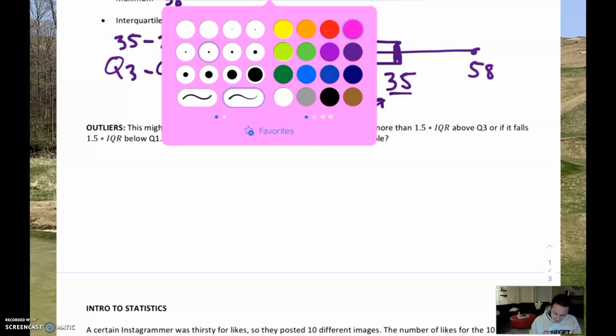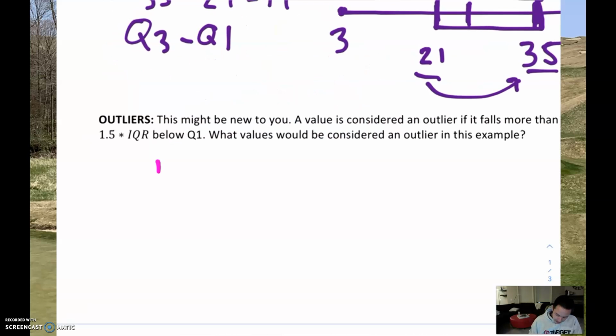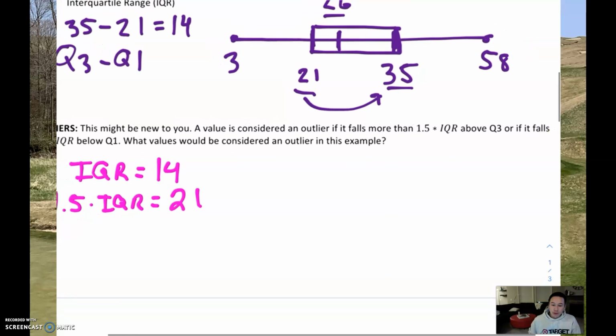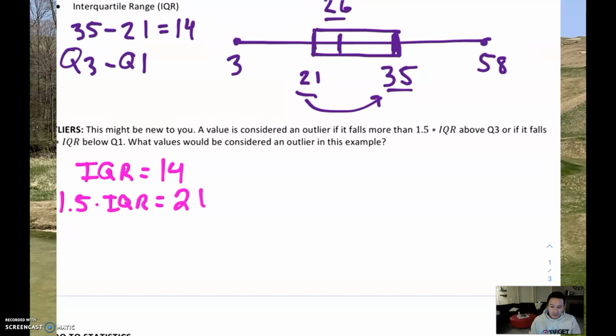In this example, we knew that the interquartile range was 14. So if I take 1.5 times the interquartile range, we take 1.5 times 14, and that is 21. So there's going to be an outlier if it is more than 21 bigger than this, or if it's more than 21 smaller than this.